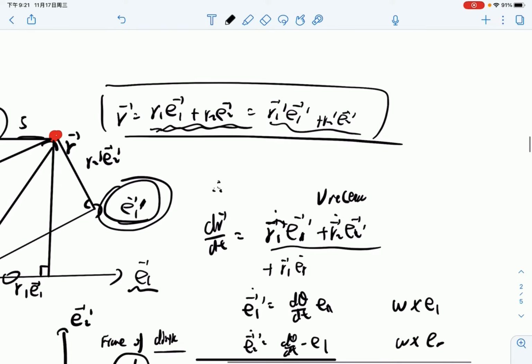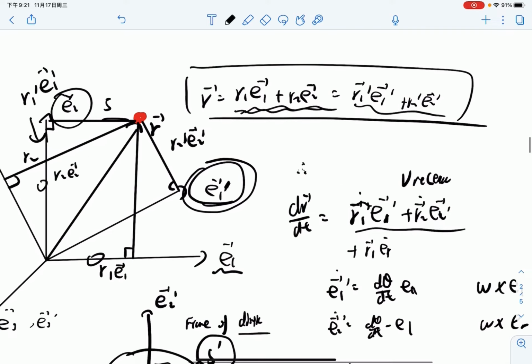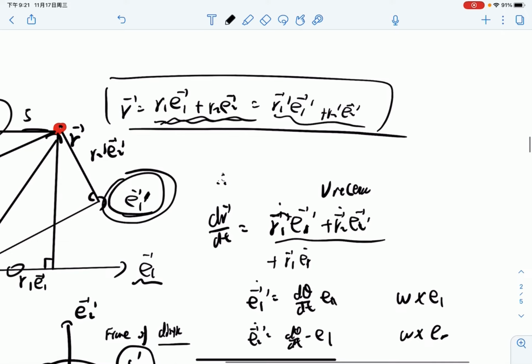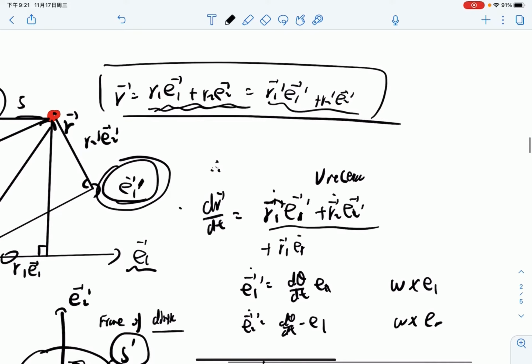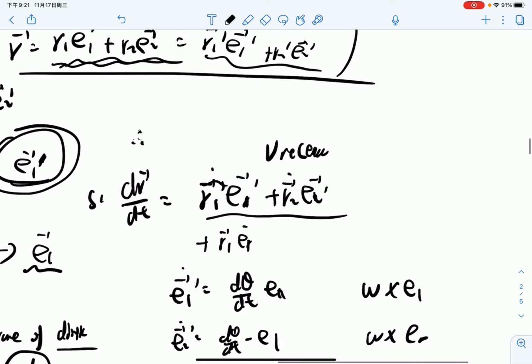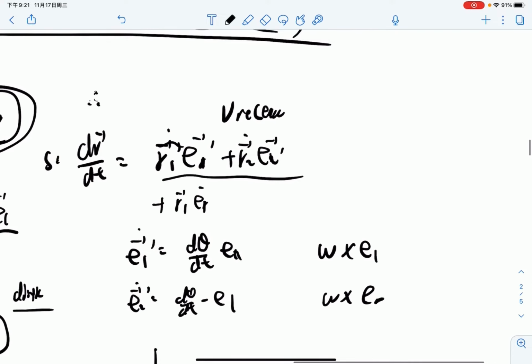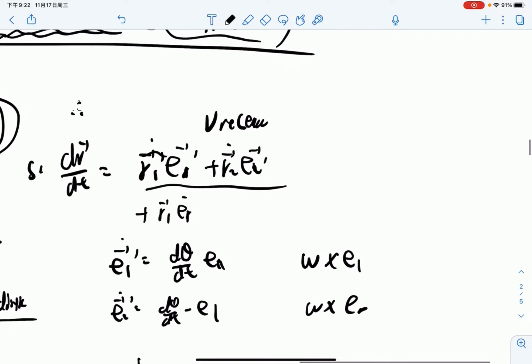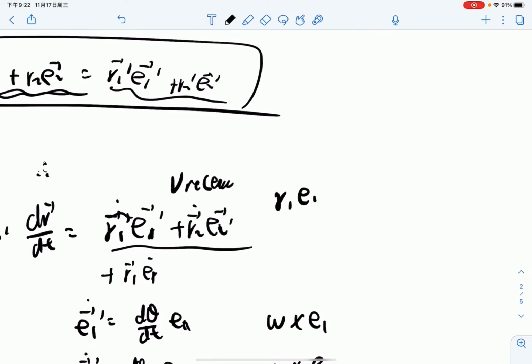Now if we want to find the velocity of the apple in the frame of S, we just take the derivative, and that is easy. It is d/dt of R1 E1 plus R2 E2.